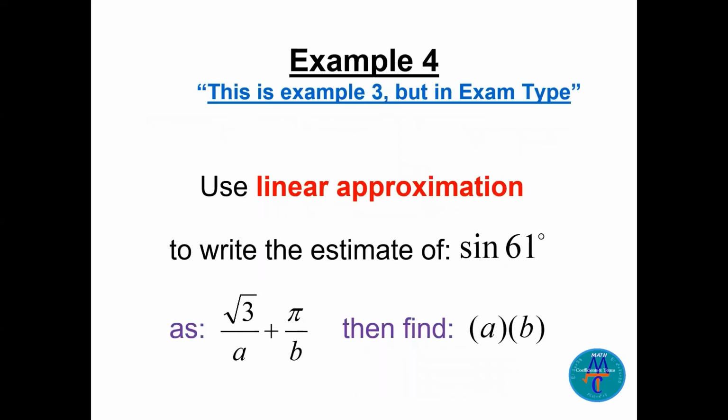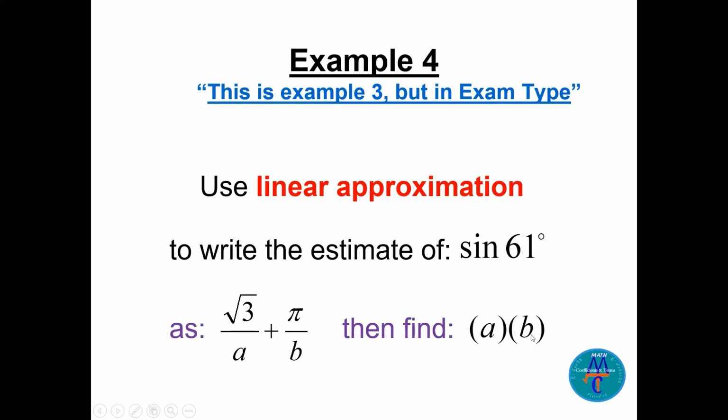Now there's a surprise here. Look at example 4. This is example 3 exactly, but in exam type. Use linear approximation to write the estimate of sine 61 degrees as square root of 3 over a plus pi over b. Then find the value a times b.